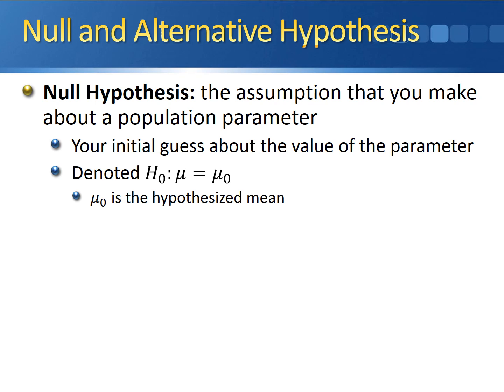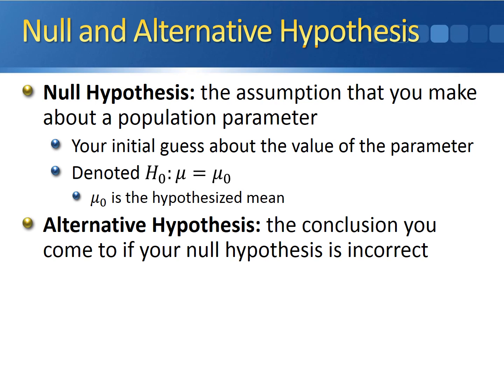The null hypothesis is always denoted by H0. In this particular case, since we're working with the population mean, we're going to write the null hypothesis as H0 followed by a colon. Then we'll have the Greek letter mu for our population mean, and we set that equal to mu0, where mu0 is our hypothesized mean. Mu0 is our initial guess about what we think the true population mean actually is.